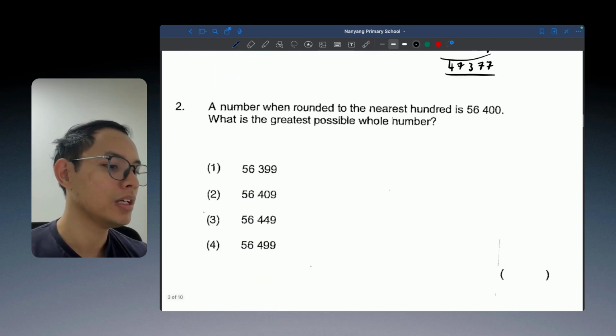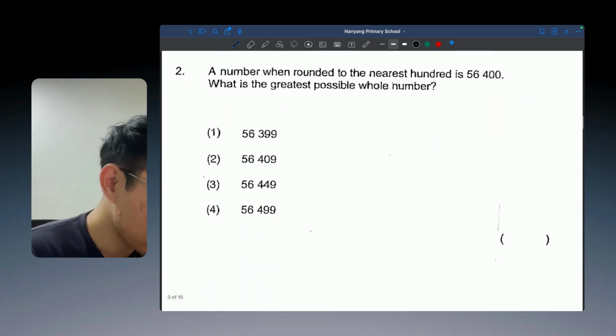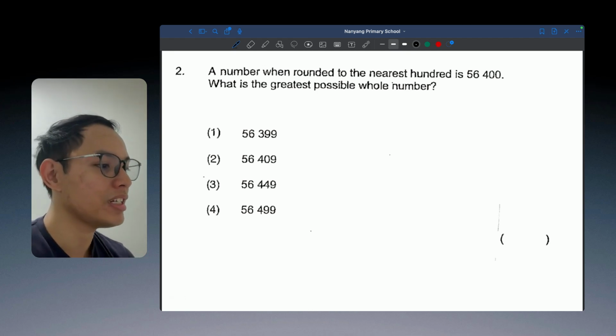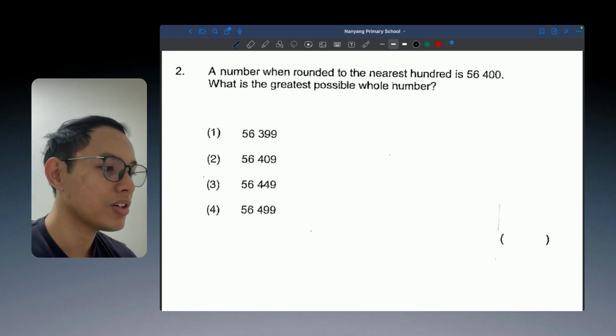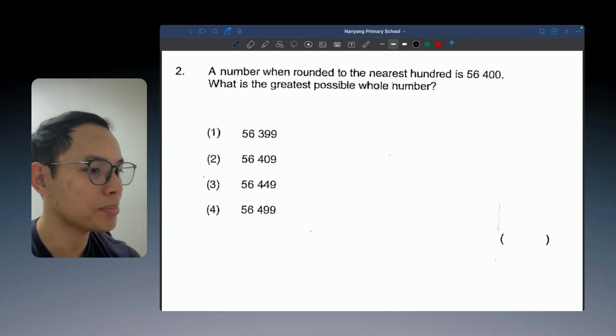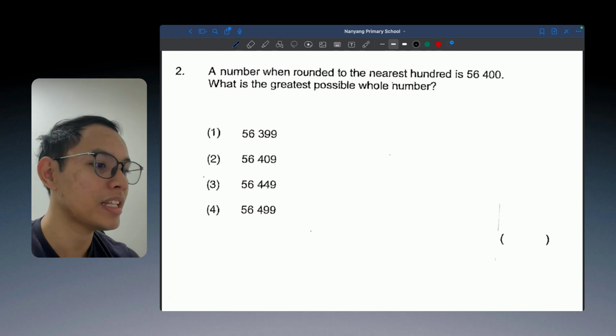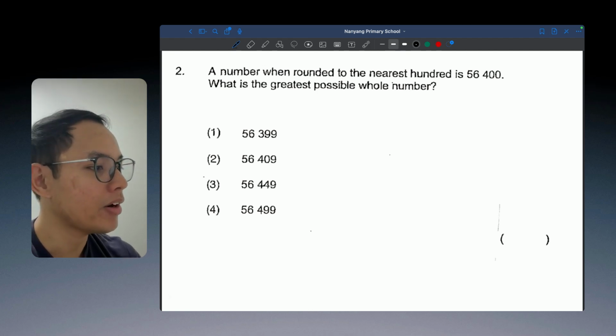Let's move on. Okay, so the second question is: a number when rounded to the nearest hundred is 56400. Let's break down what this whole sentence means. What does it mean when a number is rounded to the nearest hundred?